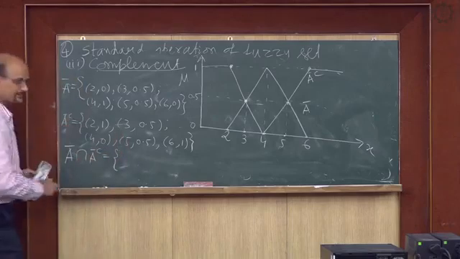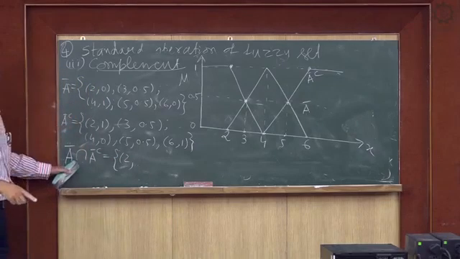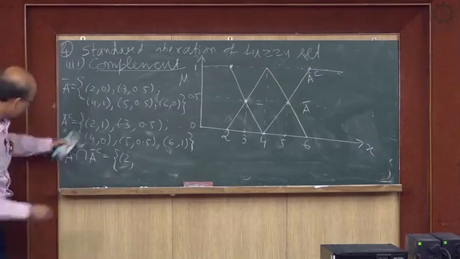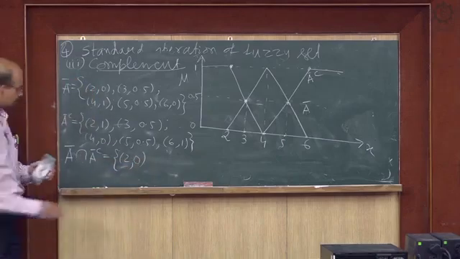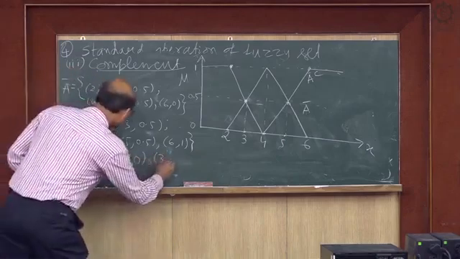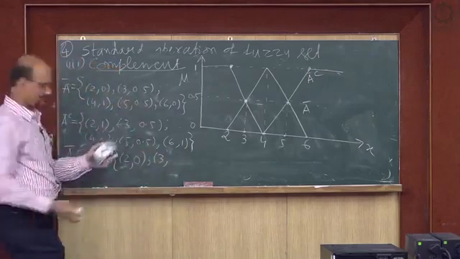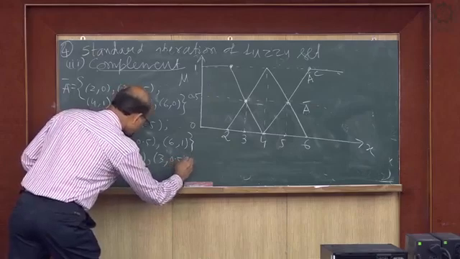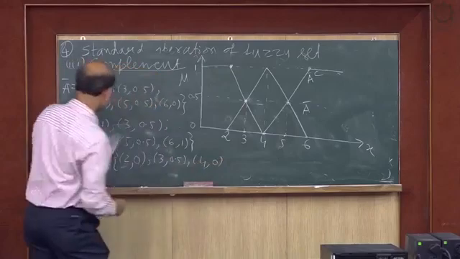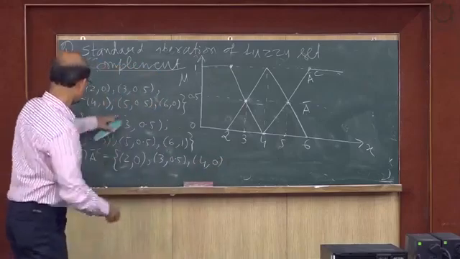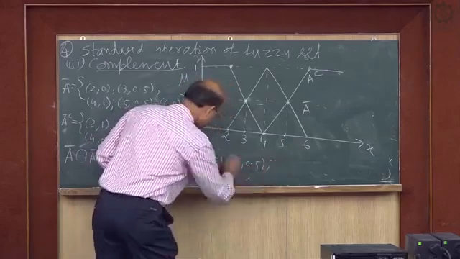I have to take the first element 2, and if it is intersection I will take the minimum value. Minimum of 0 and 1 is 0. Come to 3, minimum 0.5 because both are 0.5. 4, 0. 5, 0.5. 6, 0.